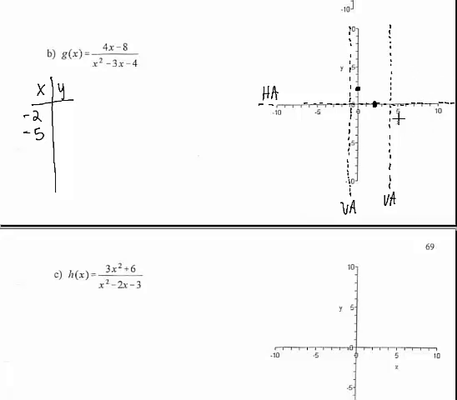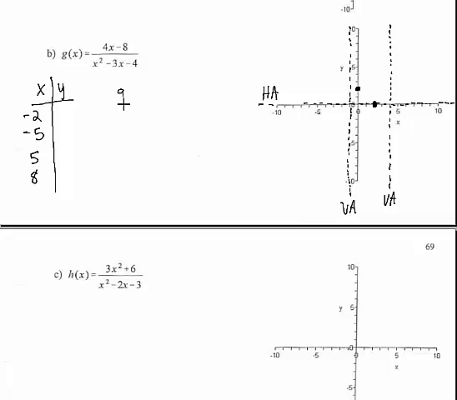Now for the right, I want 2 points over here. So I'll pick 5, and then I guess I'll pick 8. I have no idea what the y's are going to turn out to be. Hopefully some of them work out to be fractions or whole numbers.